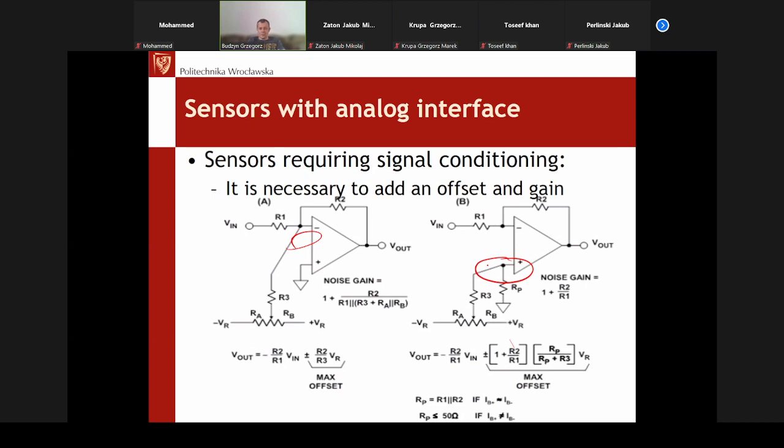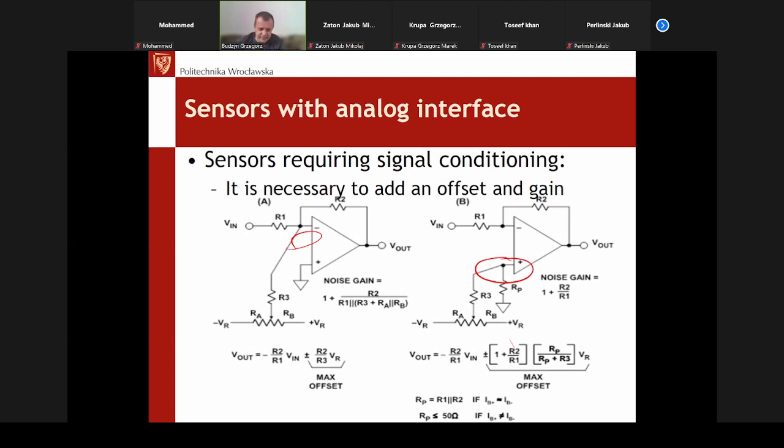Where are we using which solution here? Where are we using solution A, and when are we using solution B? Solution A is used in situations where we have some negative voltage available on the PCB board.